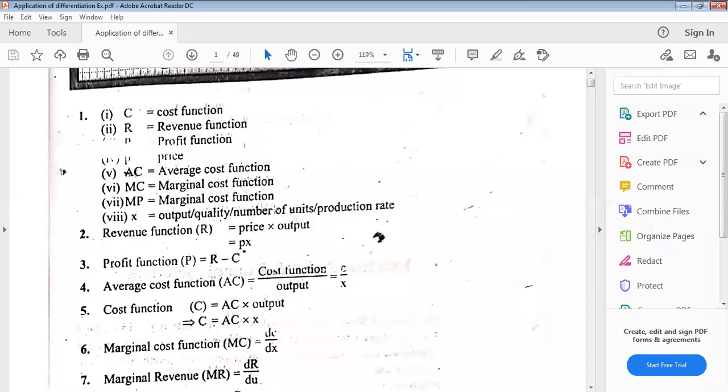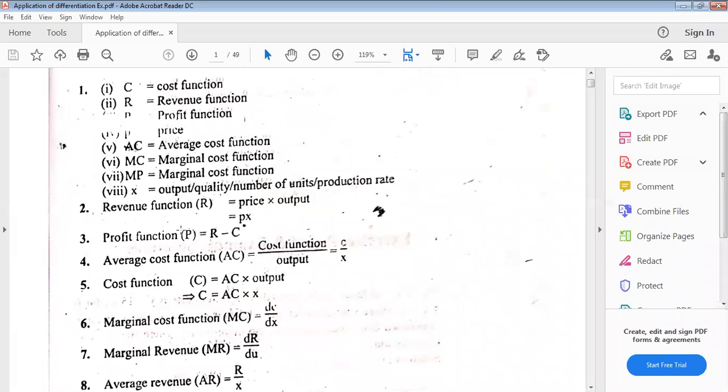You can calculate total revenue of the production by multiplying price and output. That means R equals p times x, where x is the number of units and p is the price per unit.